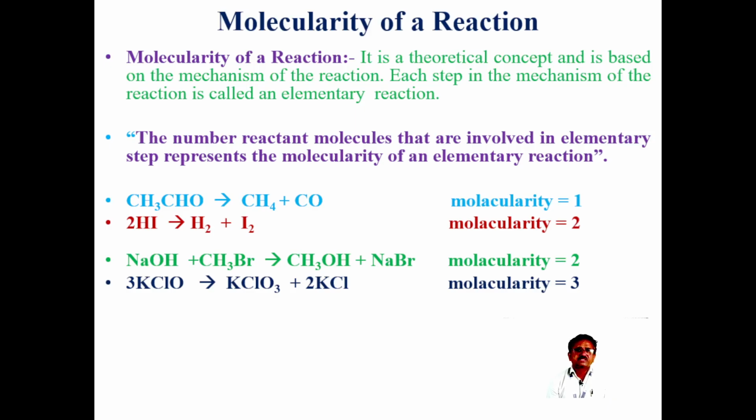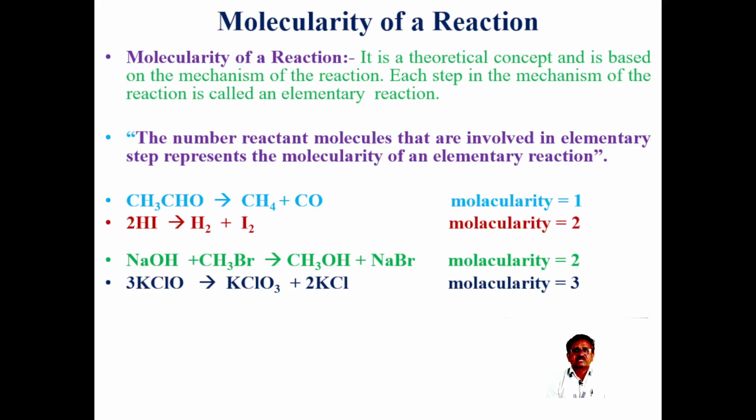Let us see another term used in chemical kinetics, that is the molecularity of a reaction. Molecularity of a reaction is a theoretical concept, while order of reaction is an experimental concept, as we studied.